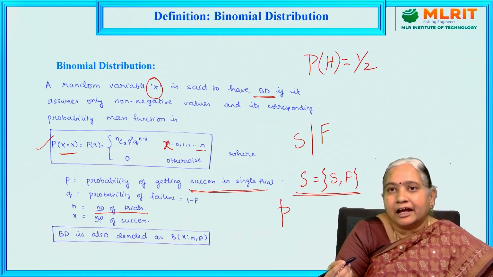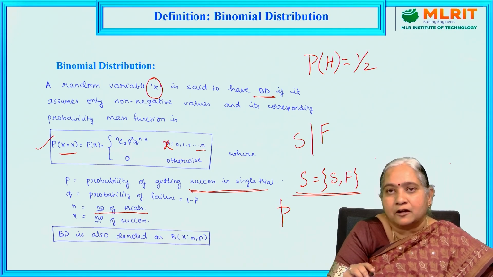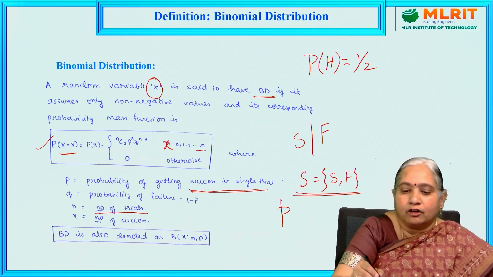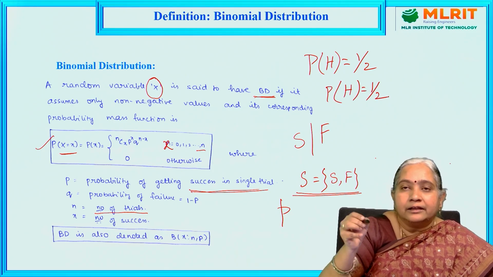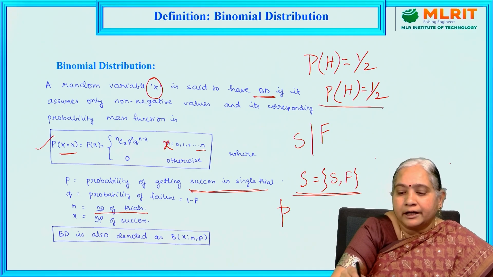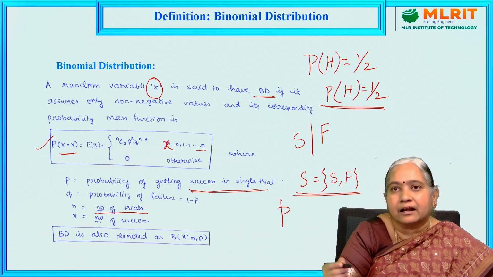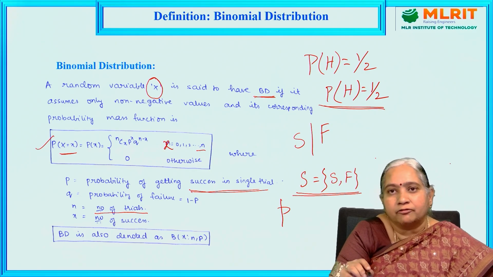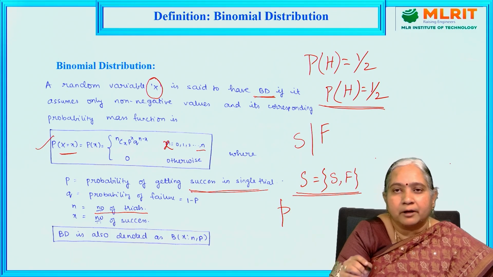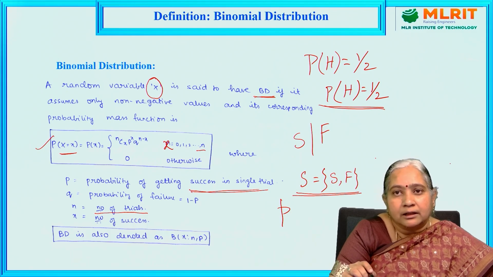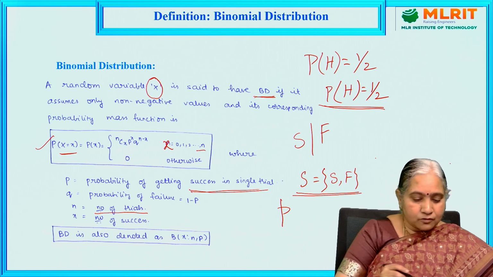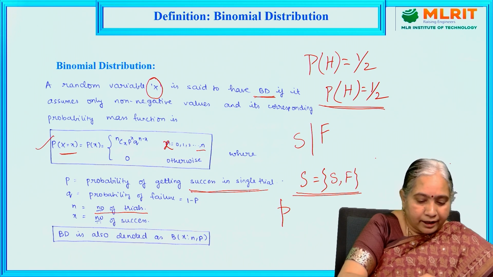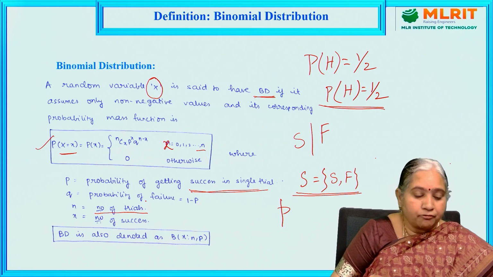In the second trial, when I perform the same experiment again, the probability of getting head is again 1 by 2 only. There is no change in the probability of the success event for any trial. However many times that random experiment happens, the probability of a success event never changes from trial to trial. So we find the probability of success from a single trial.